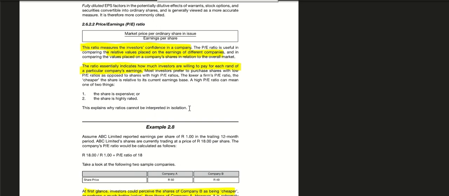But a high PE could indicate that the share is expensive, but also that that share is overvalued. So you could be more interested in a lower firm's PE because that could be attractive because you might see the potential, the future potential. But like I said, that's why a good read is important.